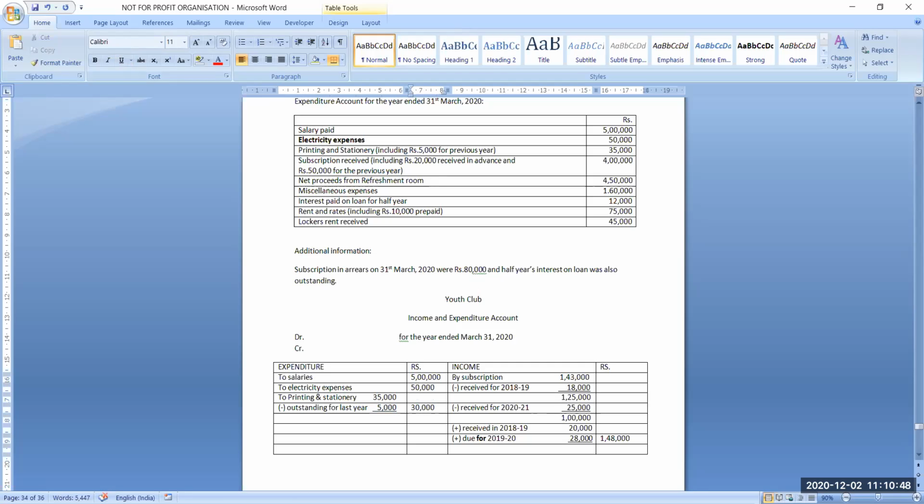Then subscription received, including rupees 20,000 received in advance and rupees 50,000 for the previous year. So received for 2018-19, this amount is 50,000. And the received amount is how much? Received amount is 4 lakh.